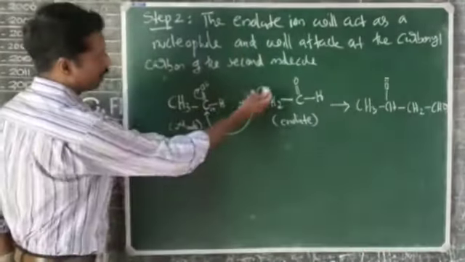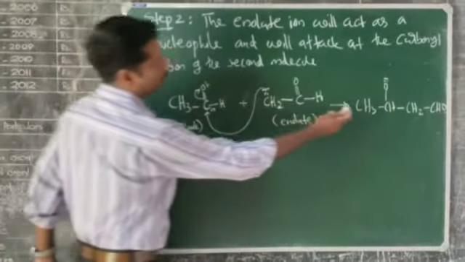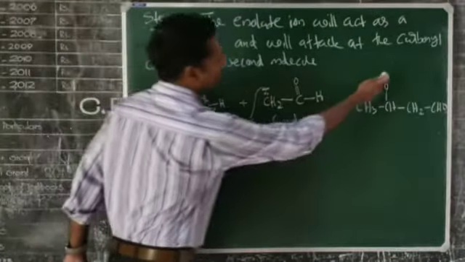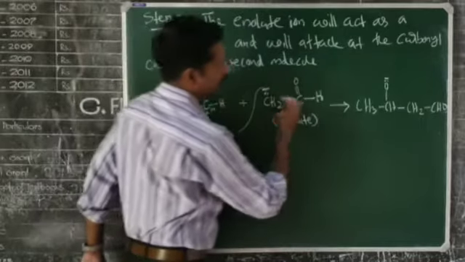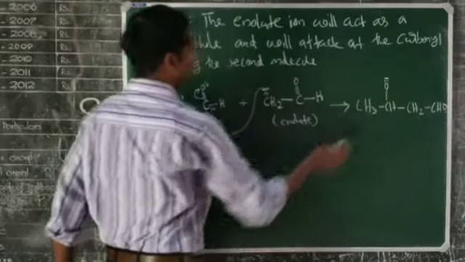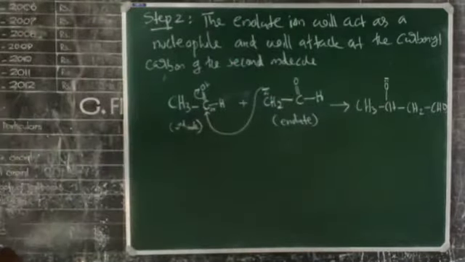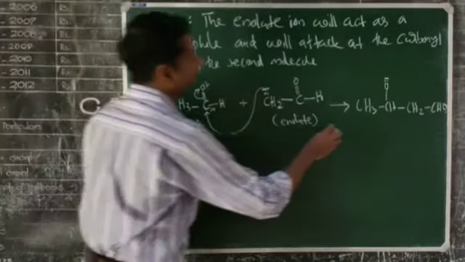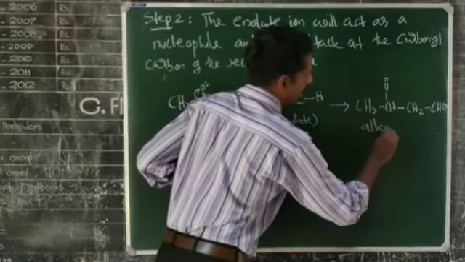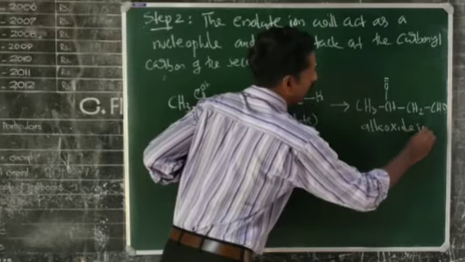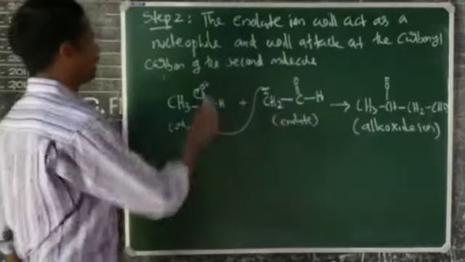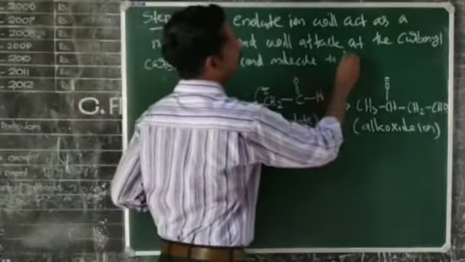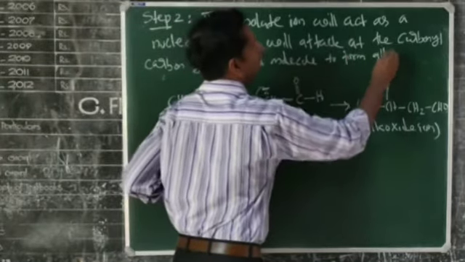Look at it here. CH2 is attached to this carbon. Therefore, CH3, CH, O minus. Then CH2 is attached, CH2, C double bond O, H, or CHO. This is known as alkoxide ion.